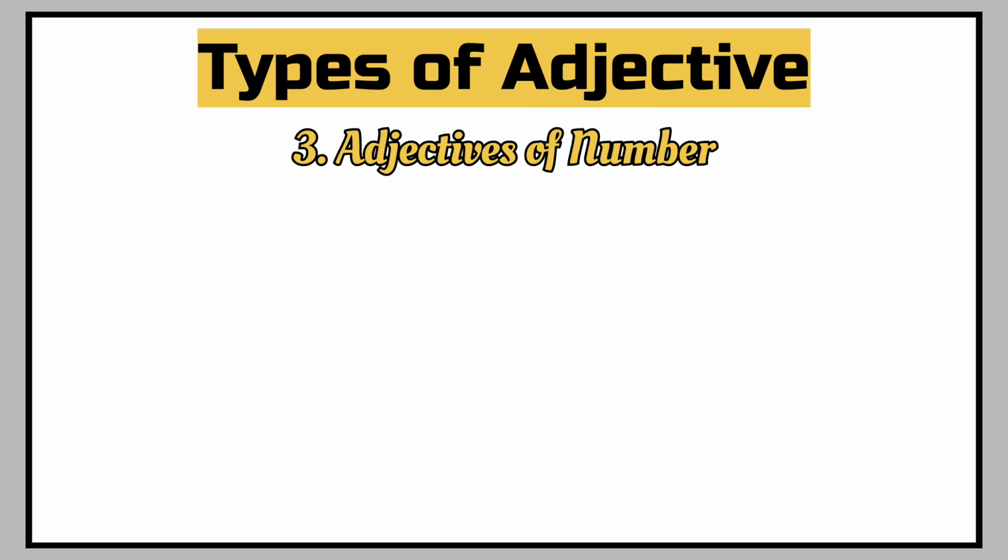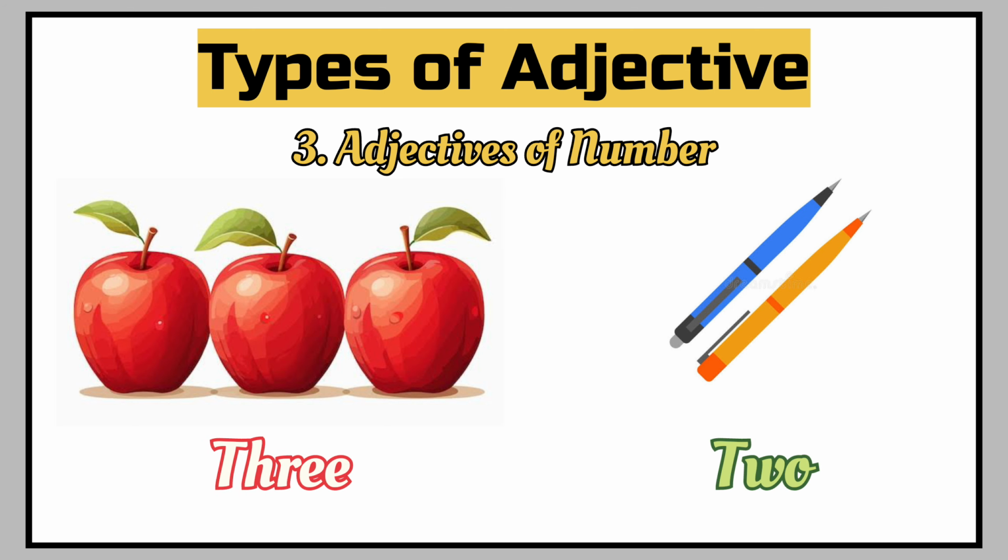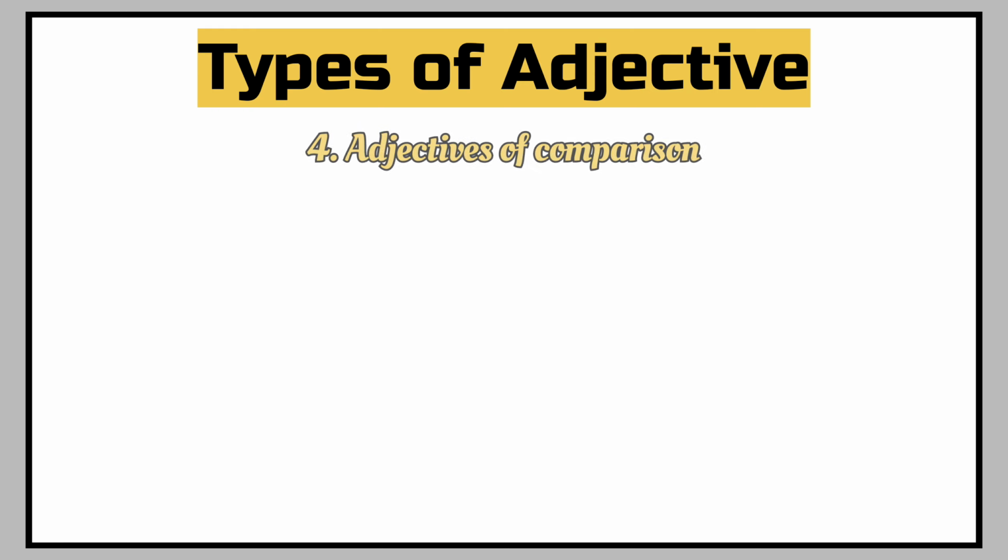Number 3. Adjectives of number. If I say, I have 3 apples, or I have 2 pens, these adjectives give an exact number. These are called adjectives of number. Number 4.